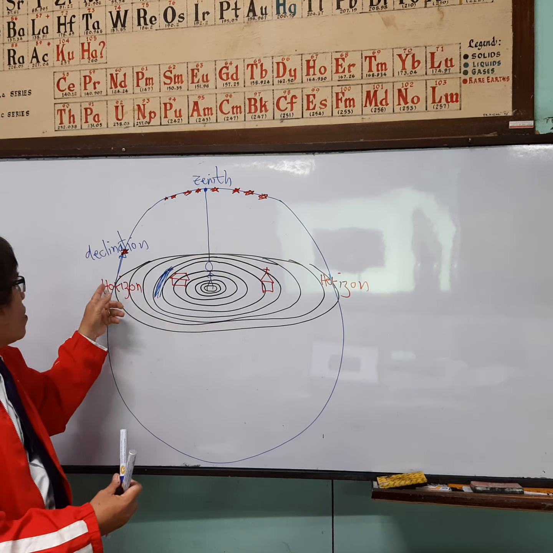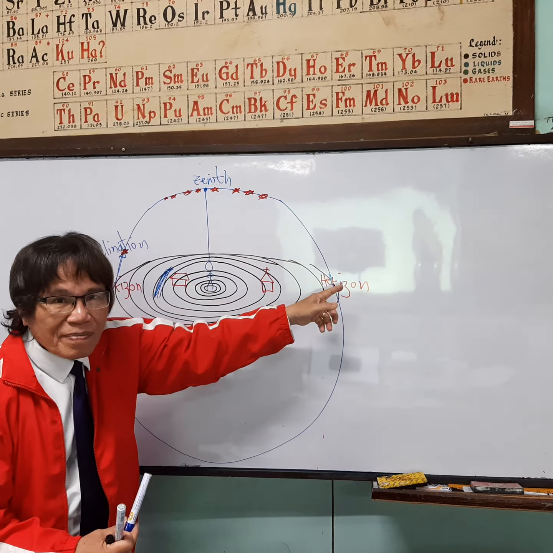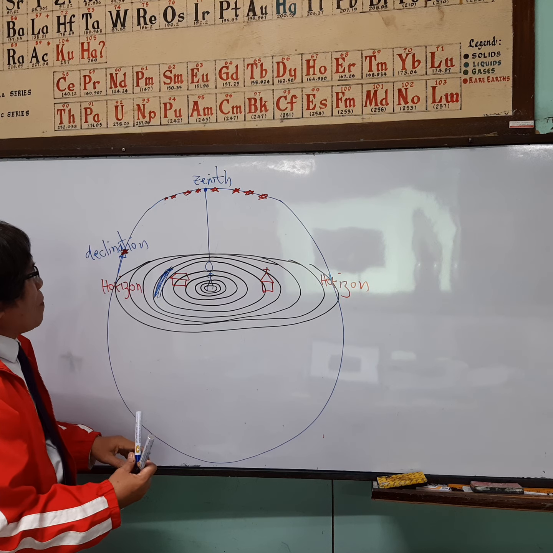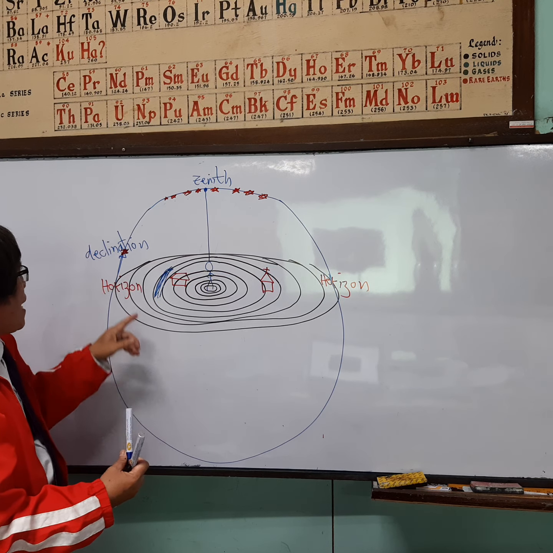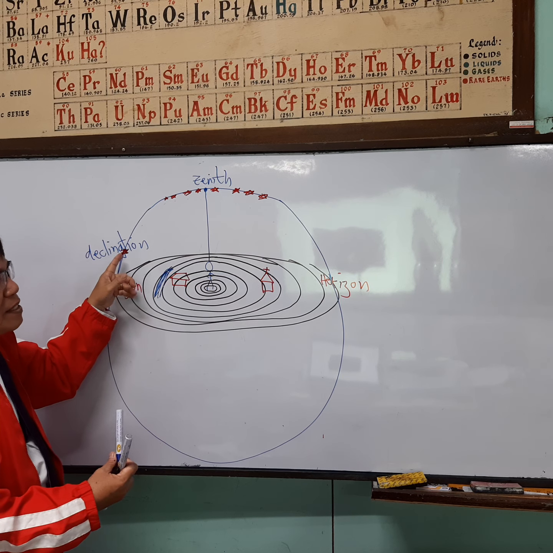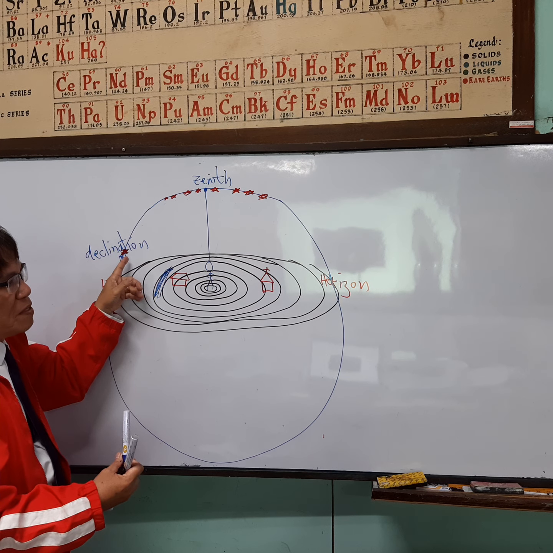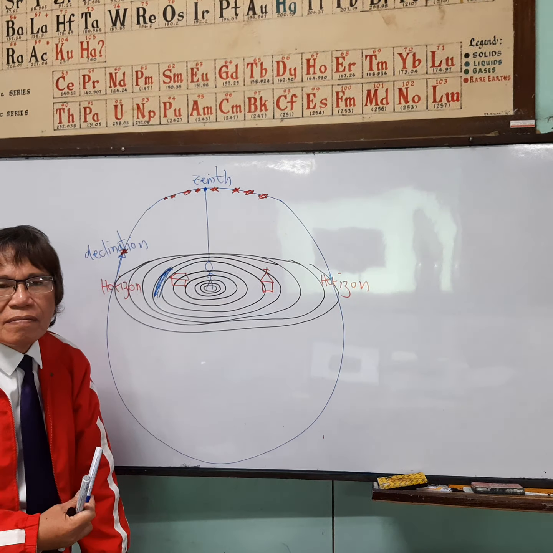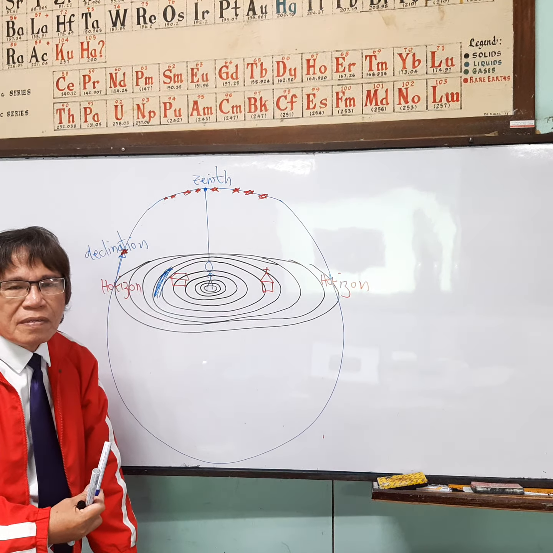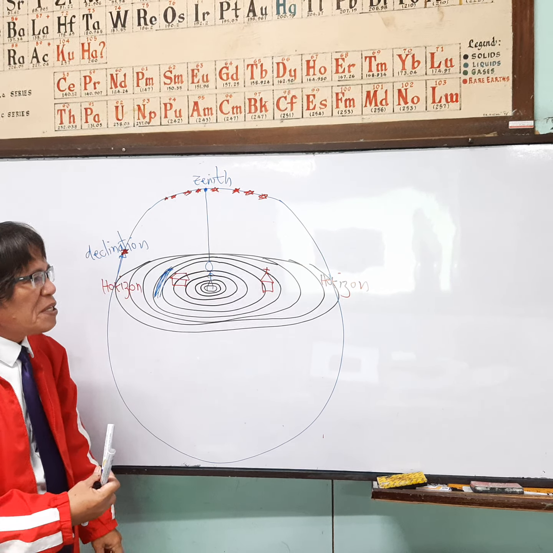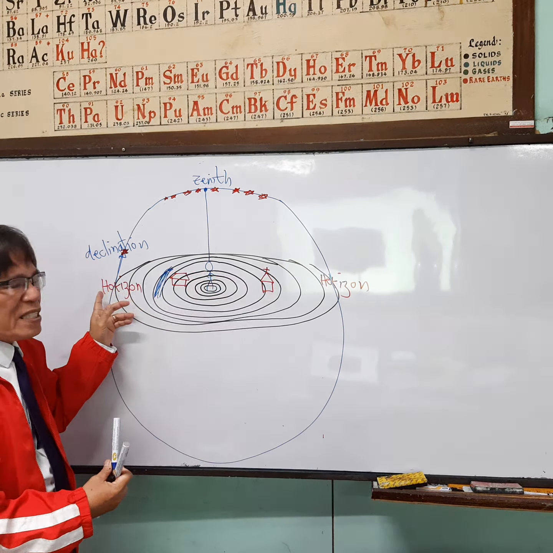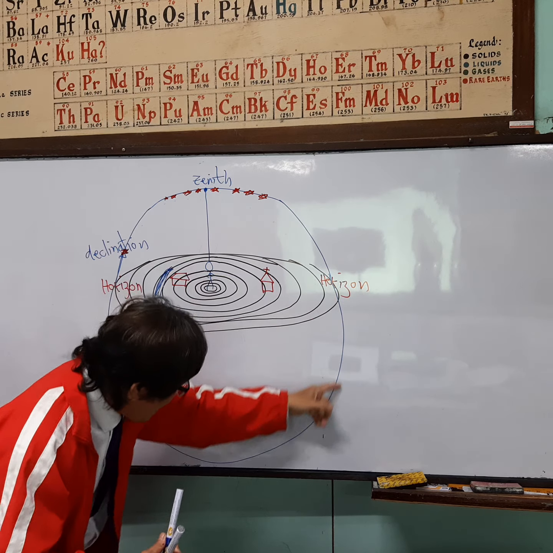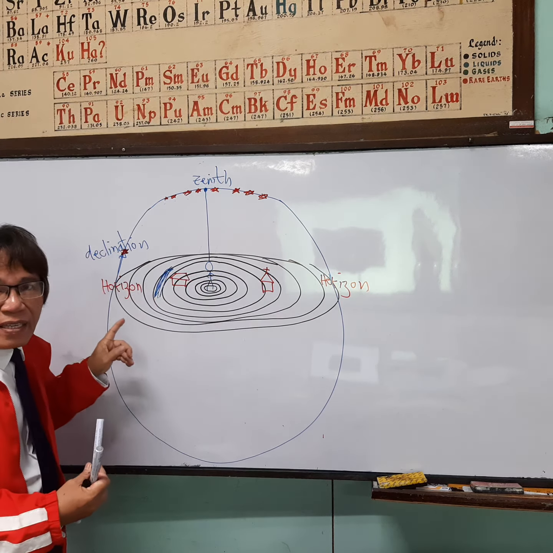Half of the circle is 180. Now, suppose this star has a declination of 18 degrees. Meaning to say, 18 degrees is what? If this is 180 degrees, the other side is 180, 360.